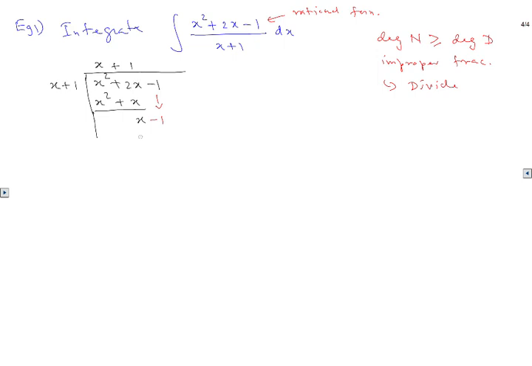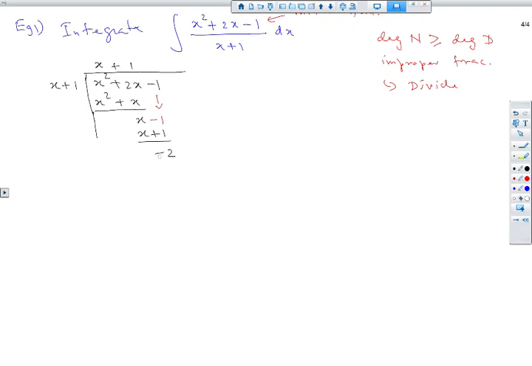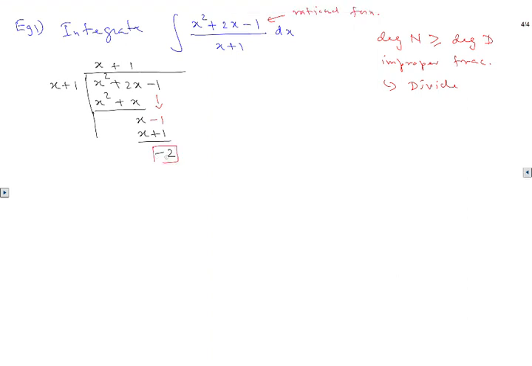So we're going to multiply by 1, so it is x plus 1, and then again we're going to subtract. When you subtract, you're going to get negative 2, and then you can see that the degree of that term is less than the degree of this one. The degree of this is degree 0, this is degree 1, so you're going to stop.